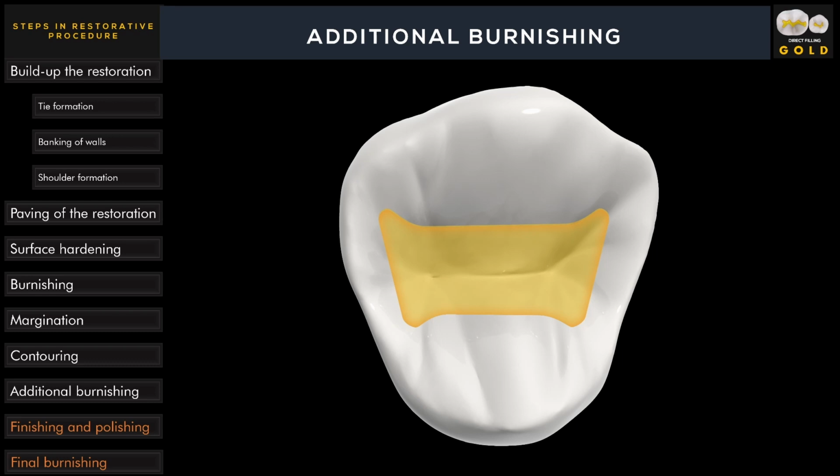Anatomic contour is established. Then rotary finishing and polishing can be done, which will provide a well smooth finished surface. Direct filling gold can maintain that luster which is created by this finishing and polishing procedure for a lifetime. Polished surface of the gold will repel plaque accumulation.